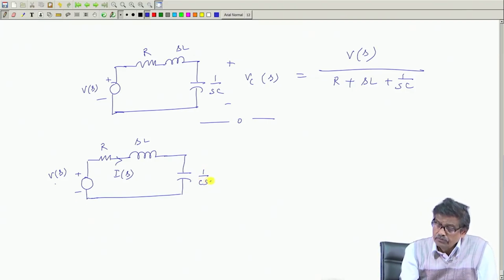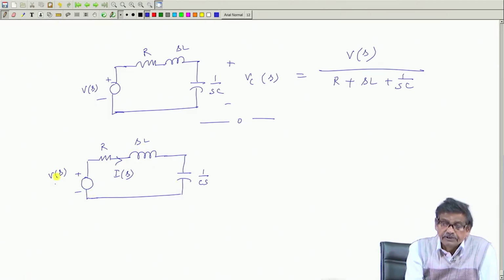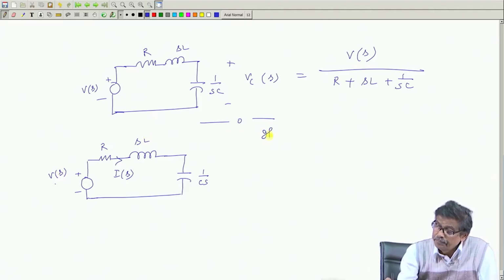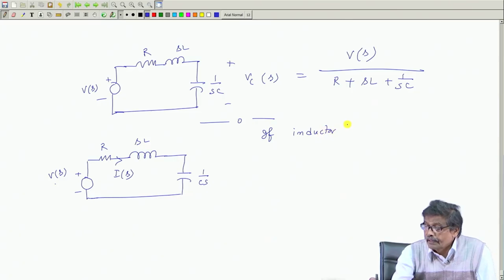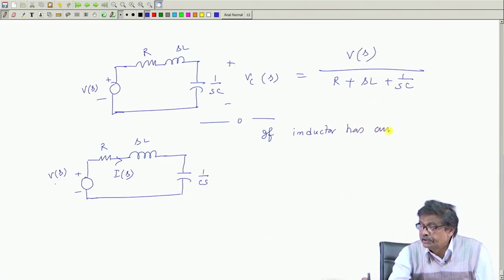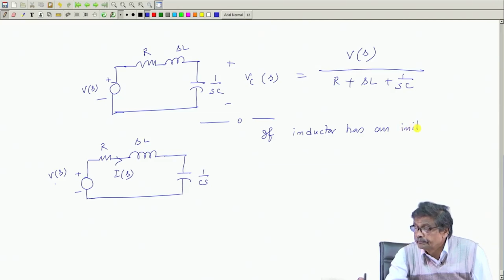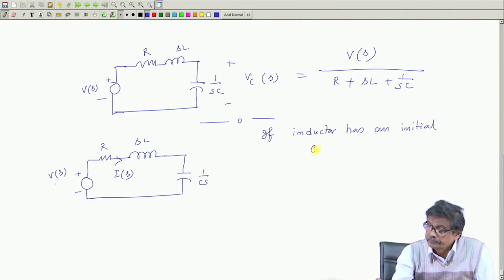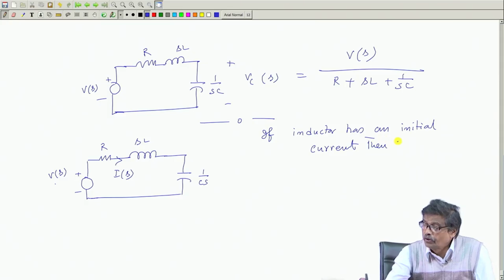But if I now say that this inductor, when you applied this Vs at t equal to 0 onwards I am applying, but if the inductor has an initial current, then how to solve?